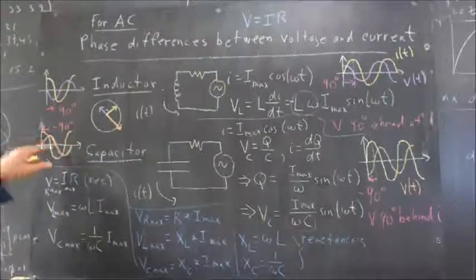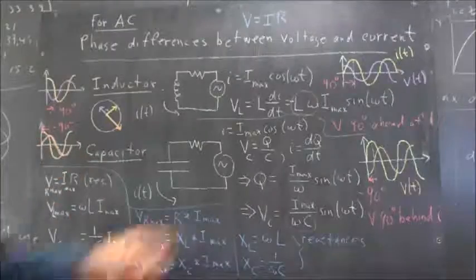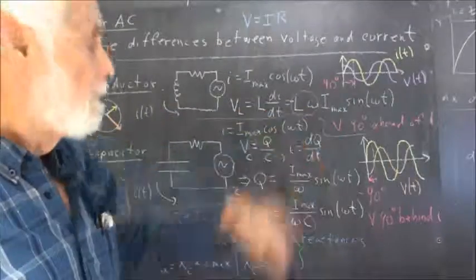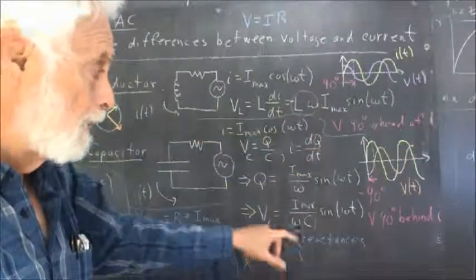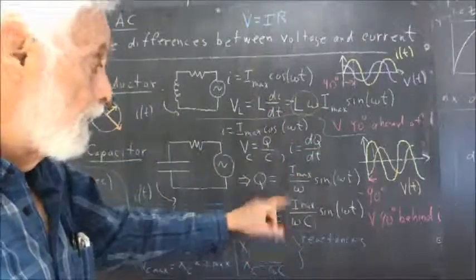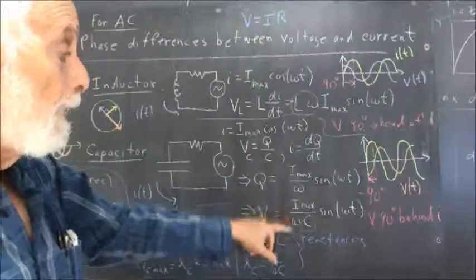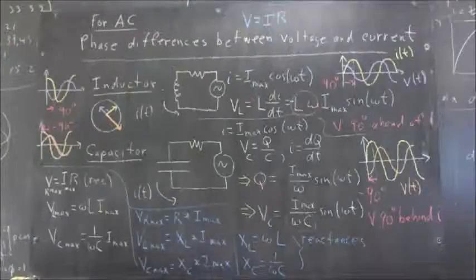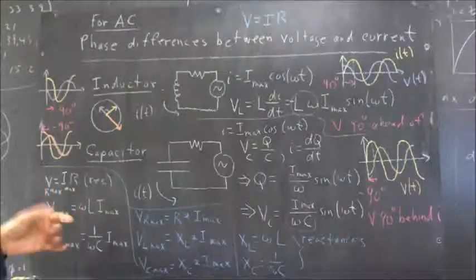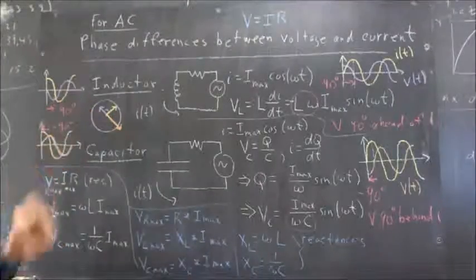The magnitudes of these vectors are governed by the quantities L omega and 1 over omega C. I max is multiplied by L omega to get the maximum inductor voltage, and divided by omega C to get the maximum capacitor voltage. So omega L and 1 over omega C again govern the magnitudes of these vectors.